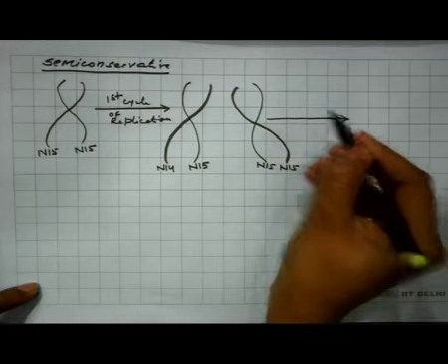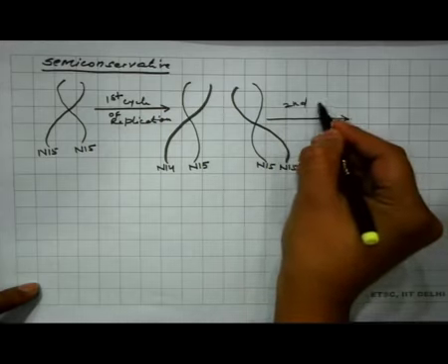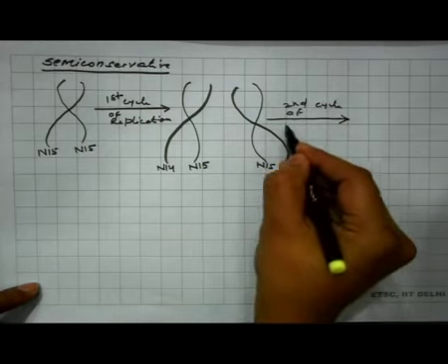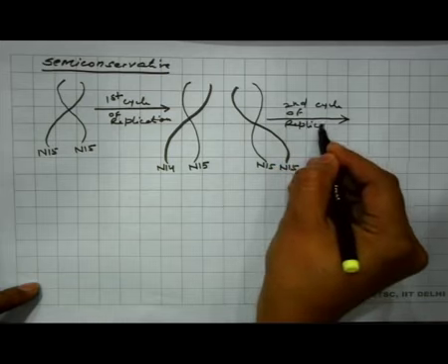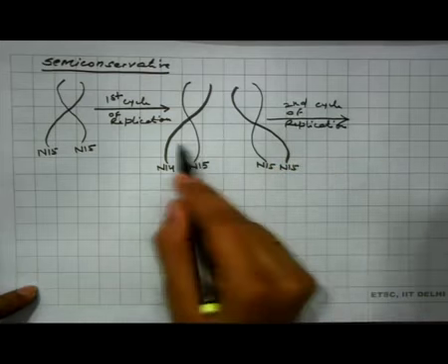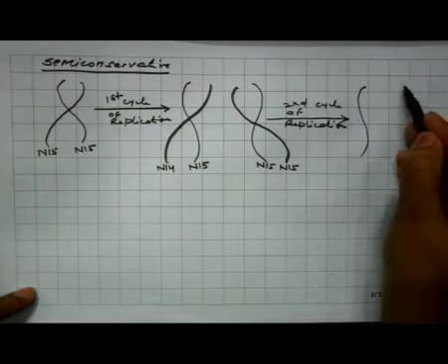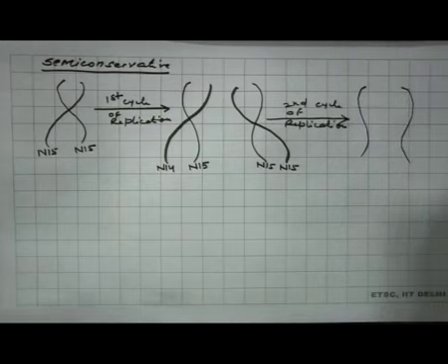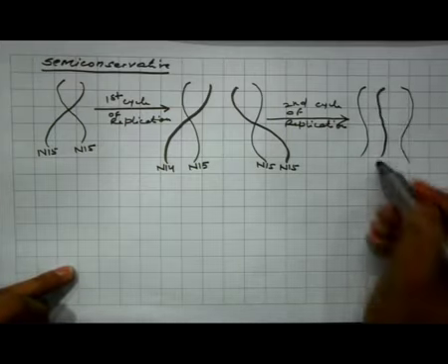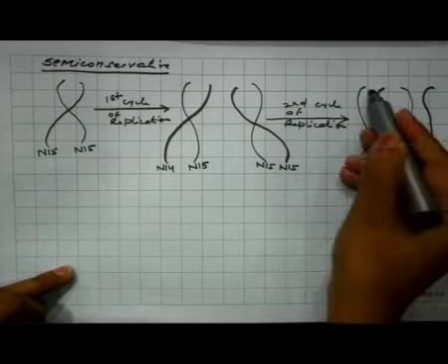If we go for the second cycle of replication, all these 4 strands will get separated and they will be copied.